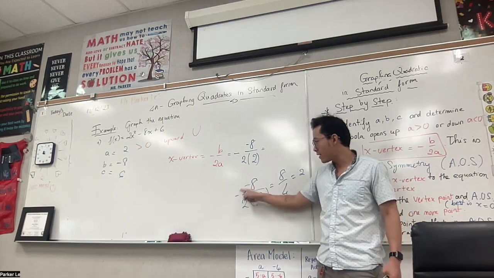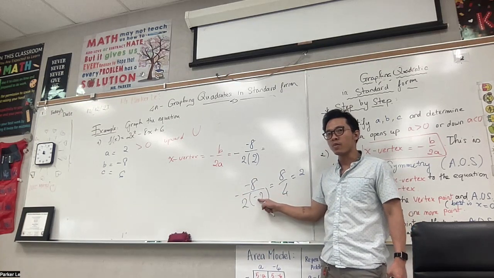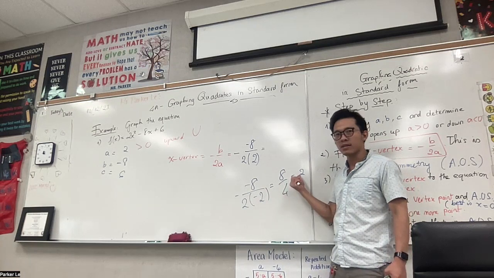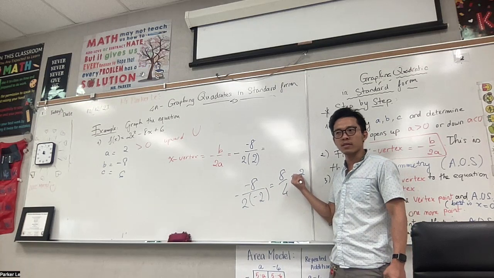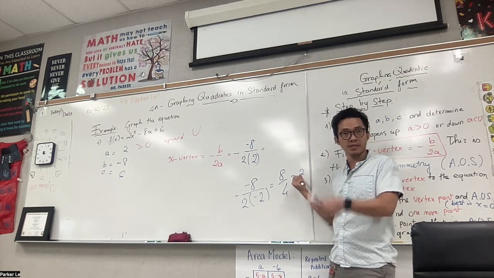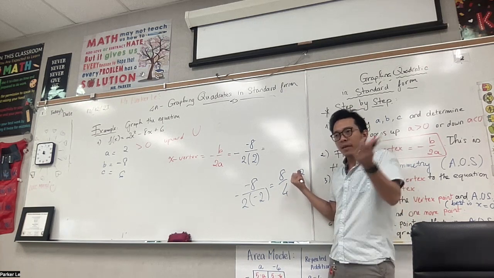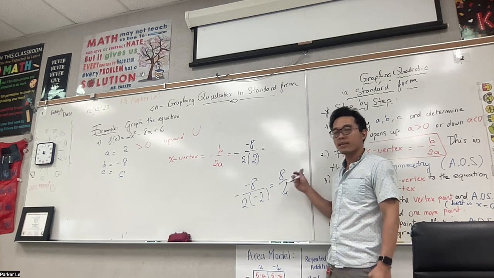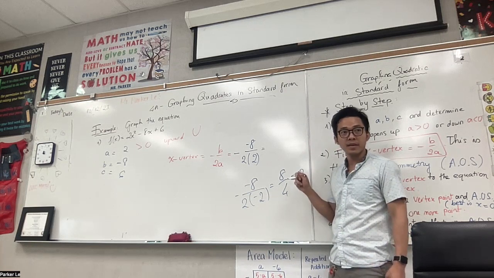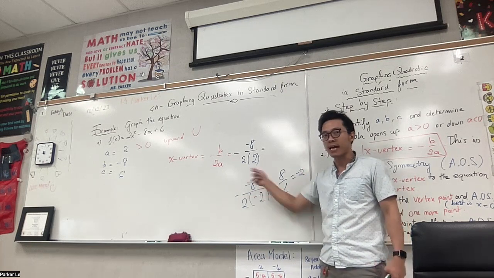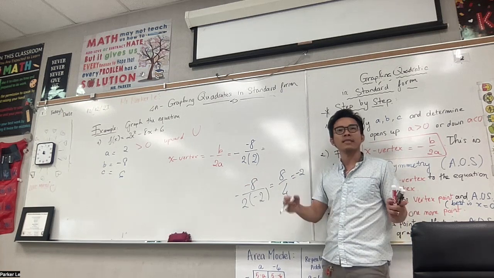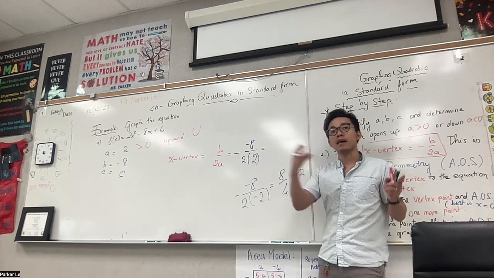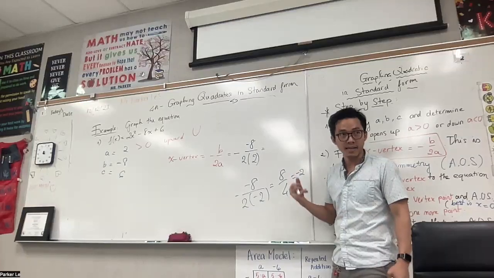How many negatives do you see here? 3. So what does it become? Negative. You count how many negative signs there are. If it is even, then it becomes positive. If it is odd, then it is negative.